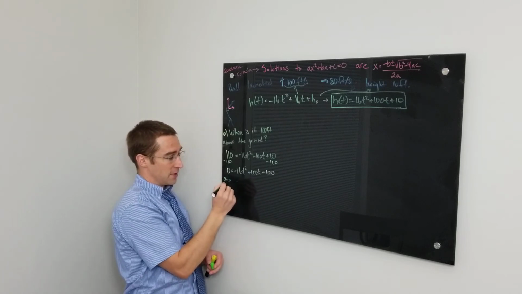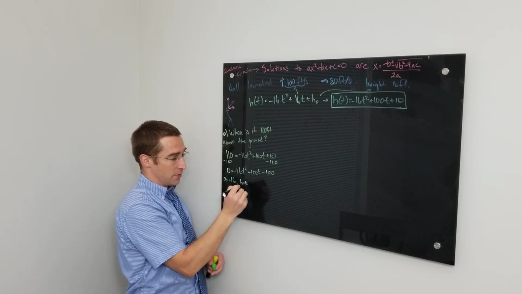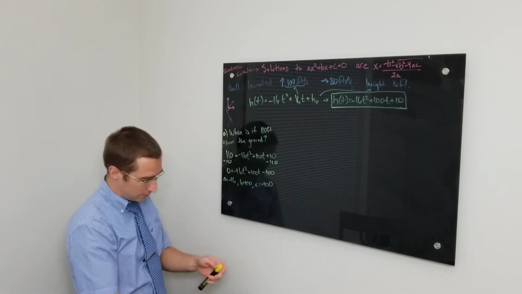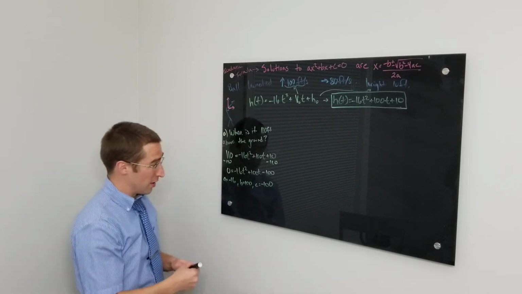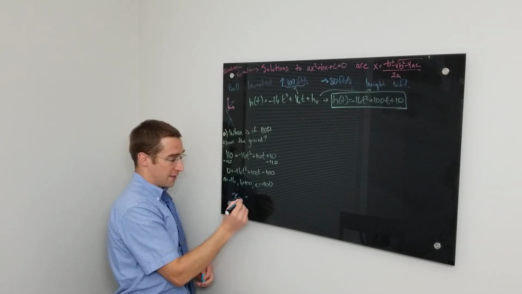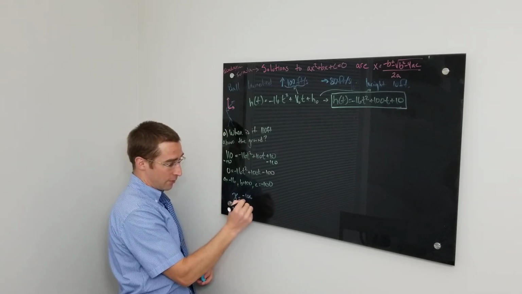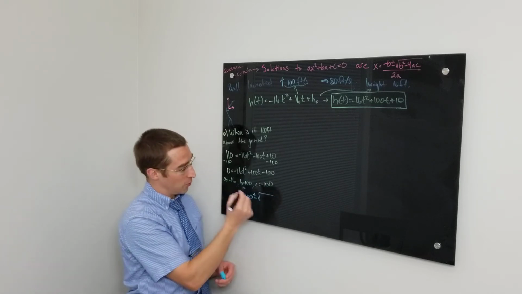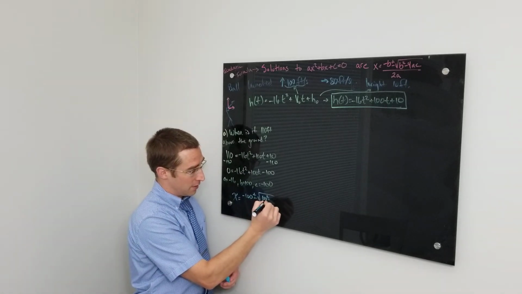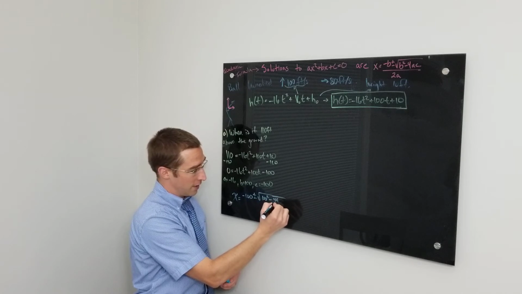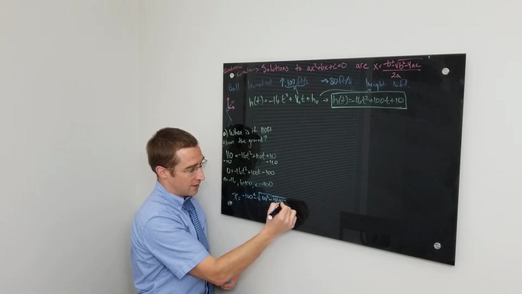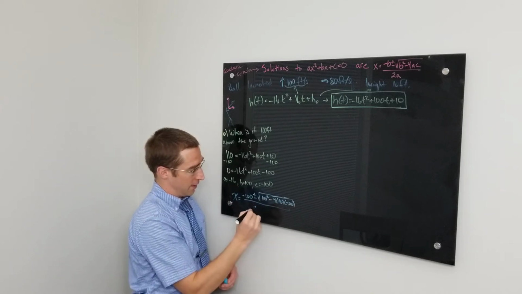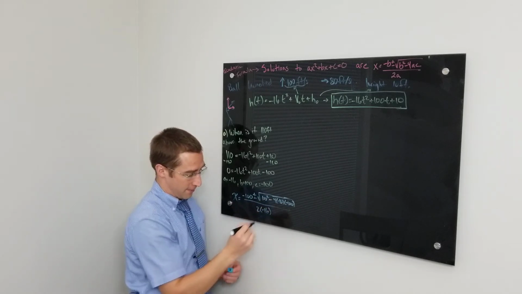A equals negative 16, b equals 100, c equals negative 100. And we're going to just use our quadratic formula. X equals negative b, negative 100, plus or minus the square root of 100 squared minus 4 times negative 16 times negative 100, all divided by 2 times negative 16.